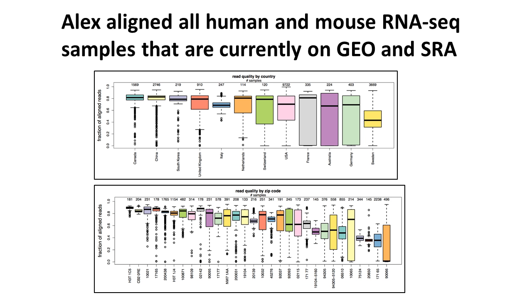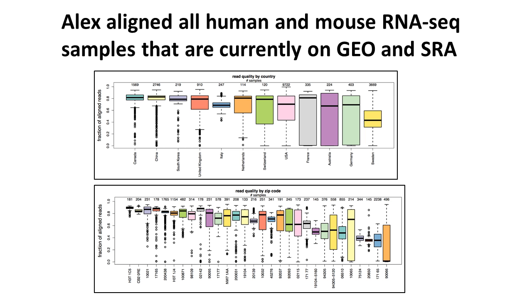Next. So Alex from the lab aligned and processed all of the human and mouse RNA-seq samples that are currently available on GEO and SRA. And this is just some neat analysis that he did to look at the quality control.